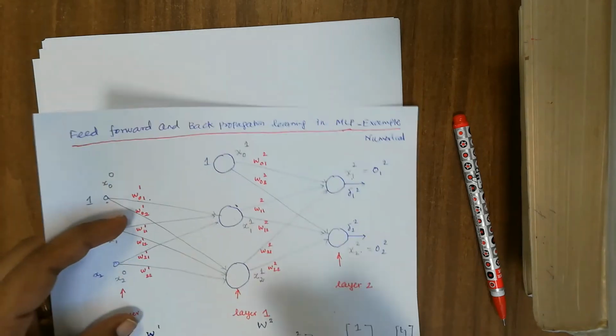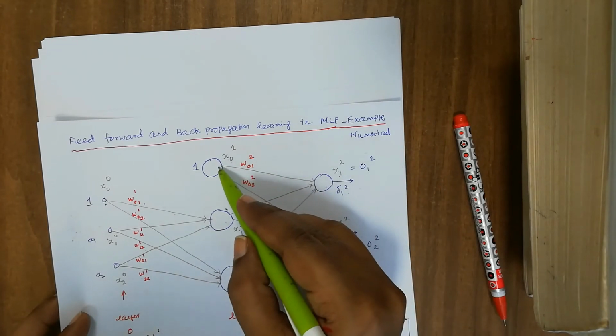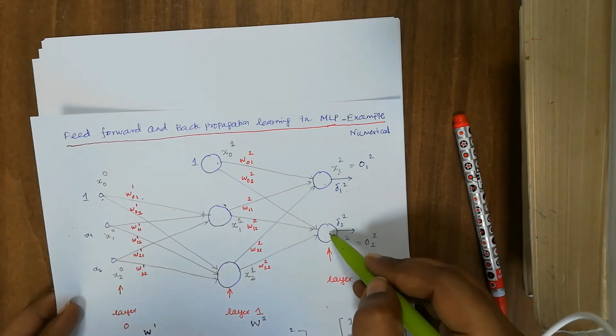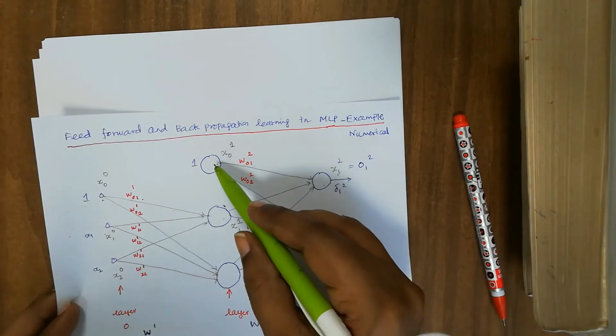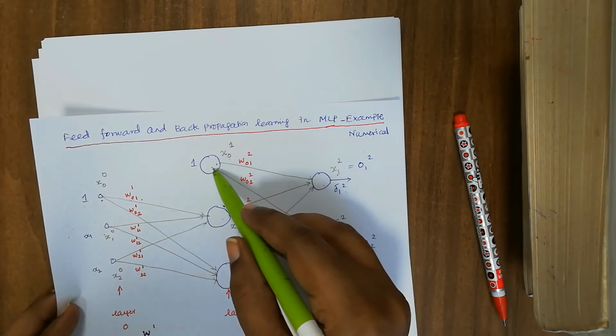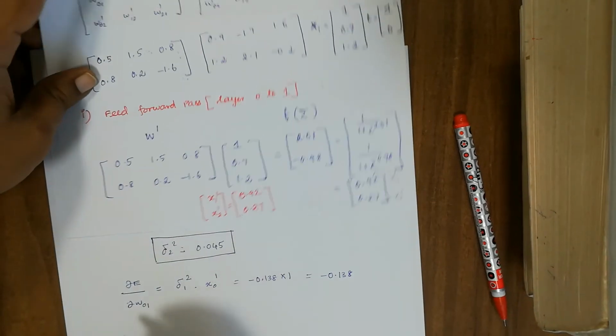So this del 1 value is multiplied with its value. Similarly, we have an error, and this error is actually caused because of the input that was given from this node output, which is nothing but x01. So we have to multiply. That's it. So simple logic.